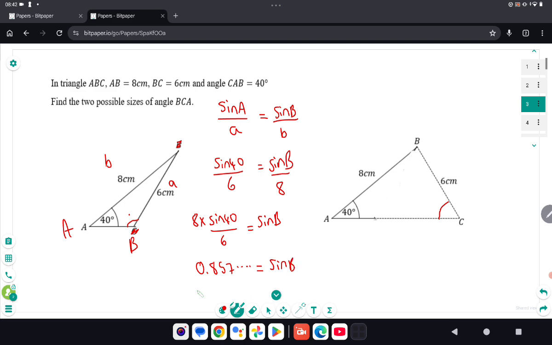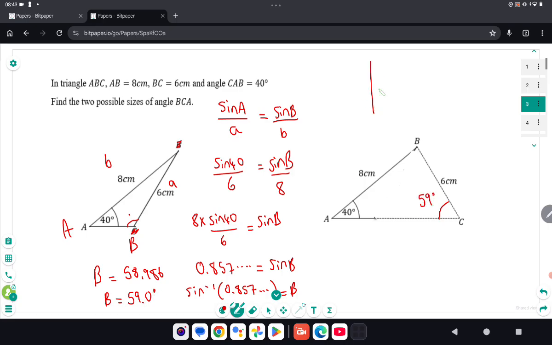And then sin to the minus 1 both sides. And we get 58.986, which I will round to 59.0 to 1 dp. Now that is the acute angle, so that's one of our possible answers.